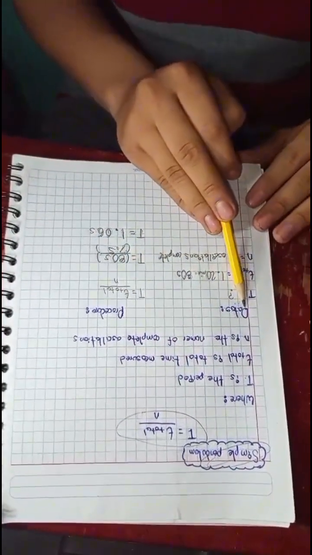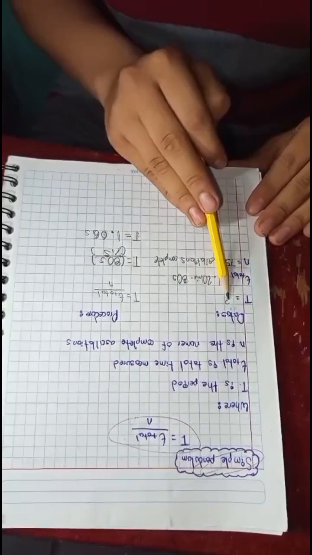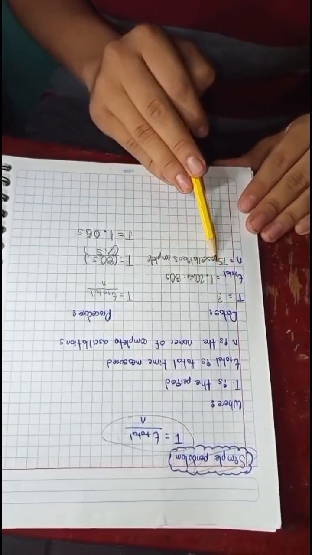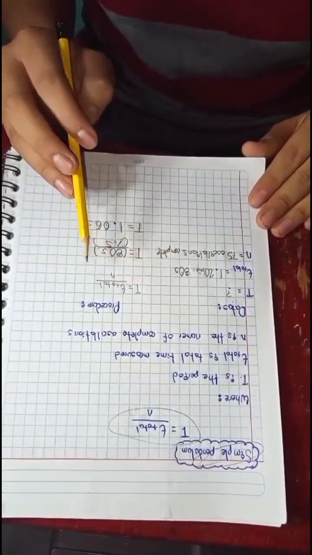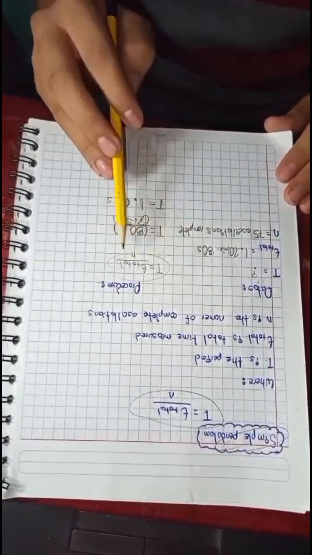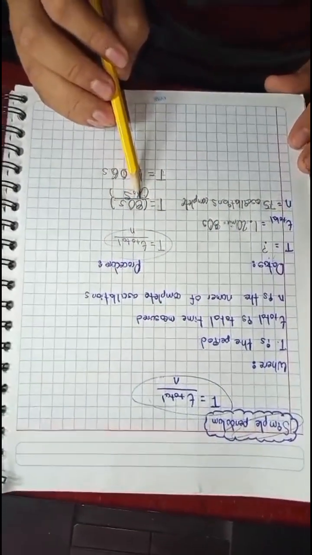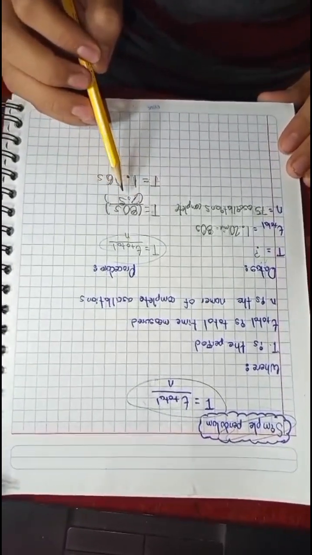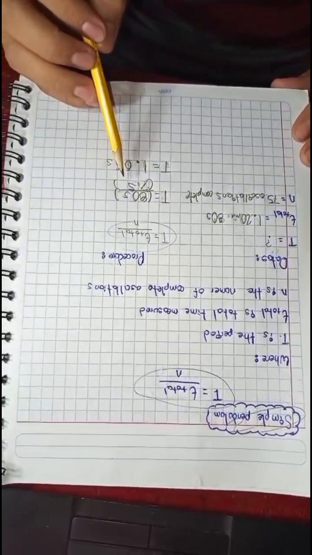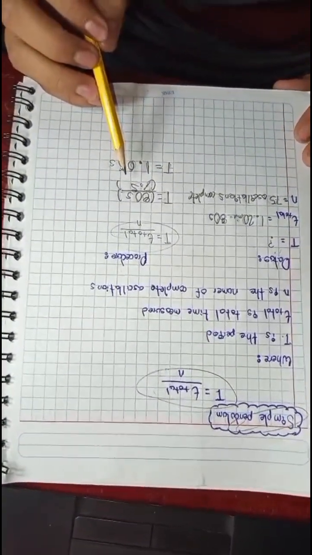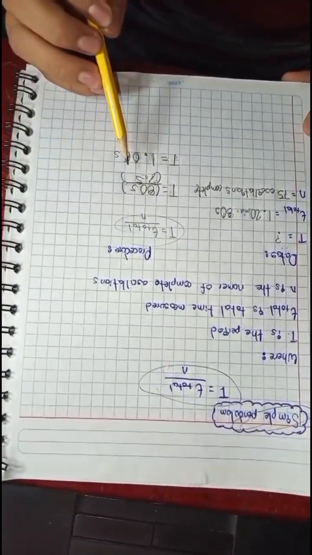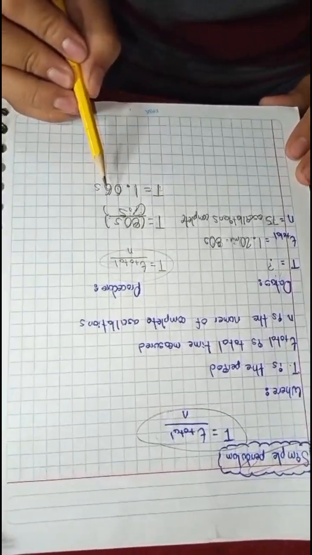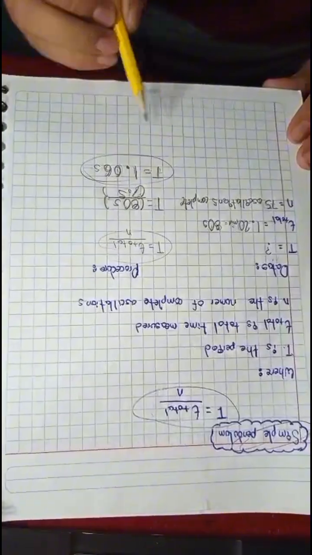The data we have is 80 seconds and 75 complete oscillations. To solve it, we substitute the data into the formula and solve it. We see that it gives us 1.06. This means the average period is 1.06 seconds.